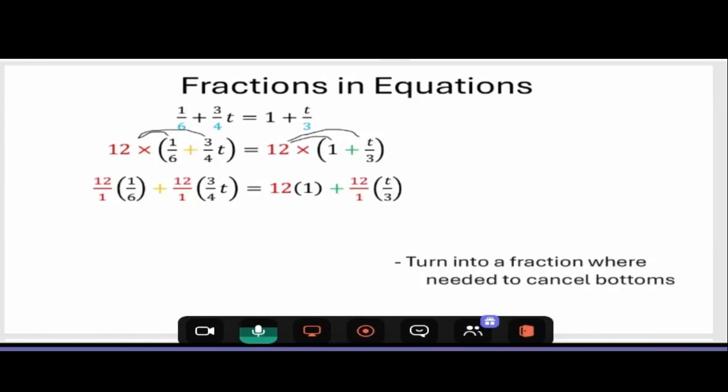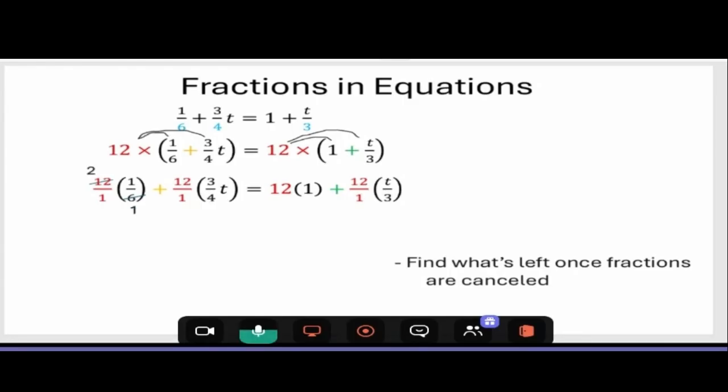Okay, so now one at a time, we're going to do the canceling. 12 over 6 cancels to 2 over 1. 12 over 4 cancels to 3 over 1, because both divide by 4. And 12 over 3, both divide by 3, cancels to 4 over 1. 12 divided by 3 is 4, and 3 divided by 3 is 1. That's the messy step.